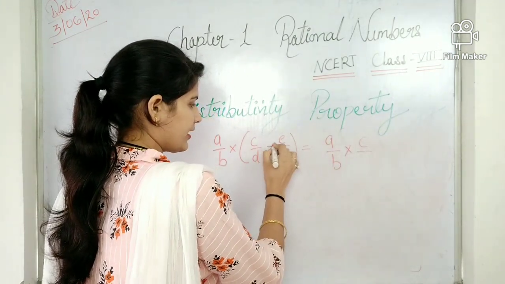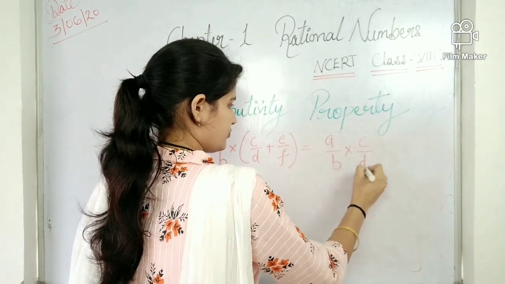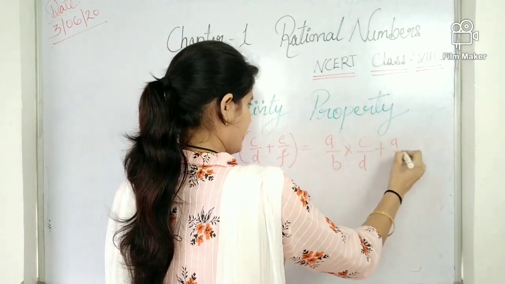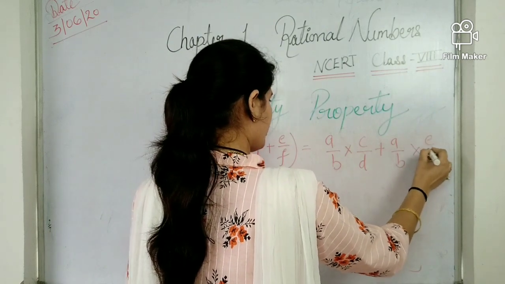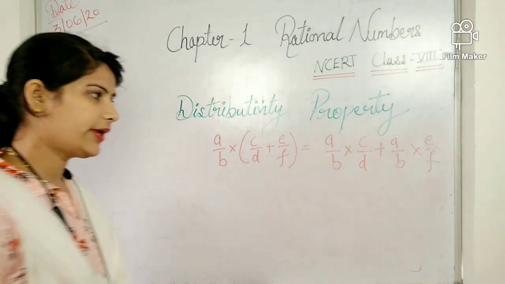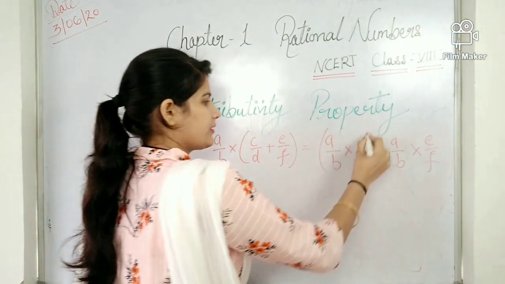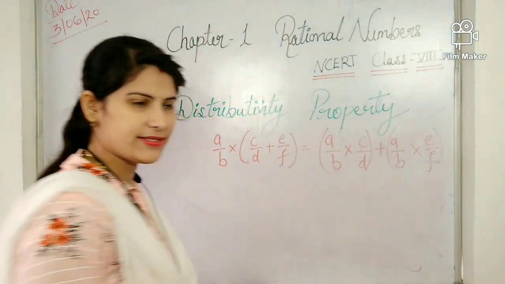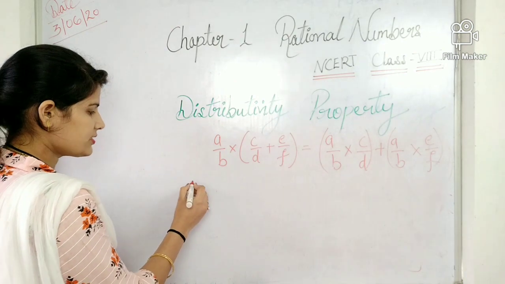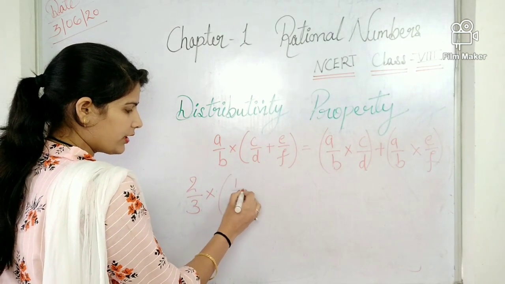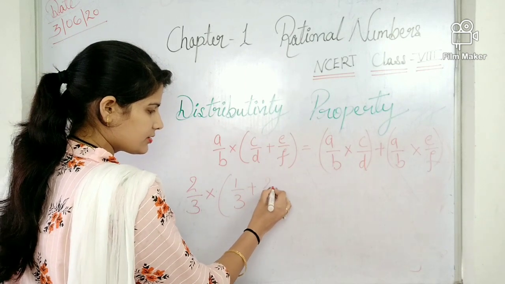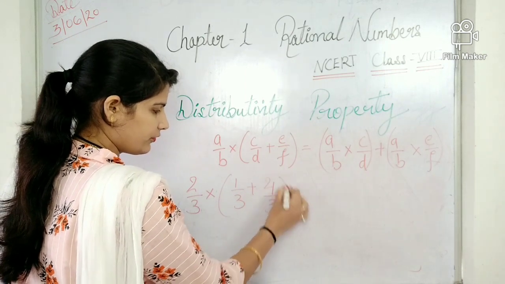Let's take one example, which is 2 by 3 into (1 upon 3 plus 4 upon 3).